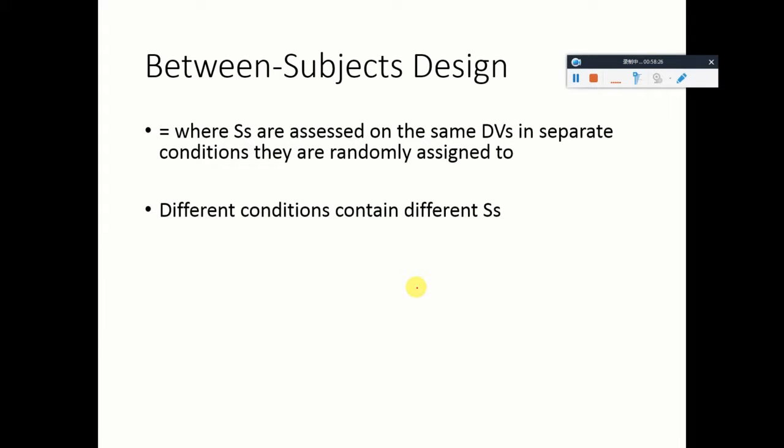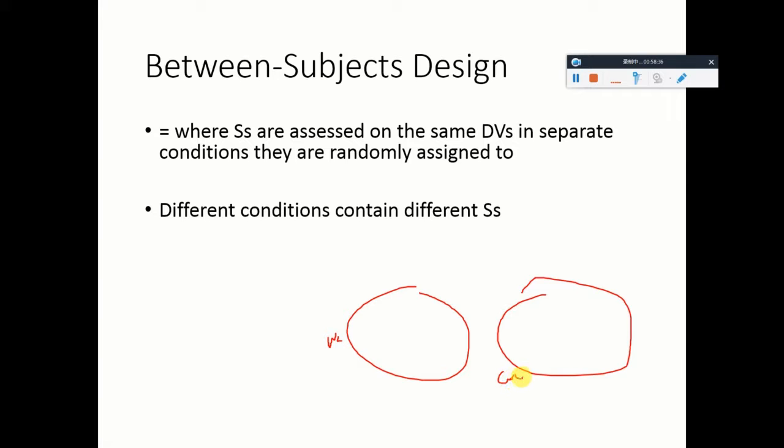More concretely, we create two conditions: warm, cold. Into the warm condition, we put, let's say, 5 people. Into the cold condition, we put 5 different people, right? And then we compare if there's any difference between these two conditions. That's why it is called between subjects, right? Between these 5 subjects and these 5 subjects. Okay?